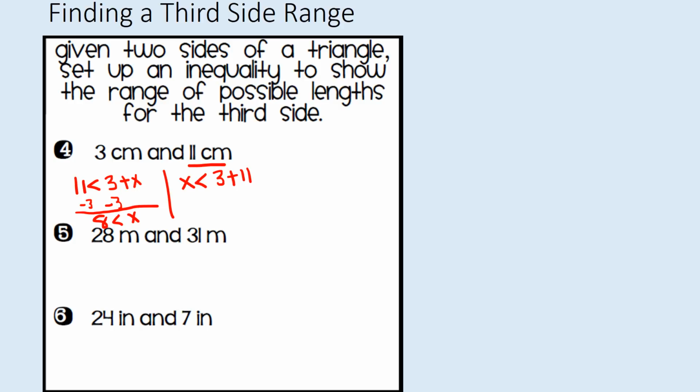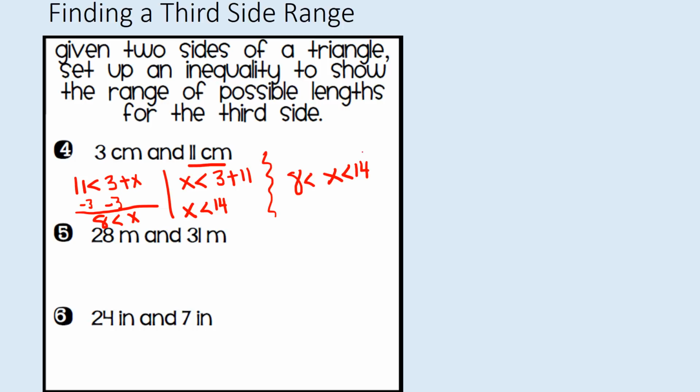And then on our right inequality, we have x is less than 14. So we're saying that the range for this third side has to be less than 14, and x is greater than 8, so the side length can't go lower than 8, right?